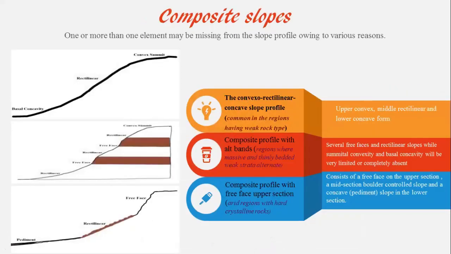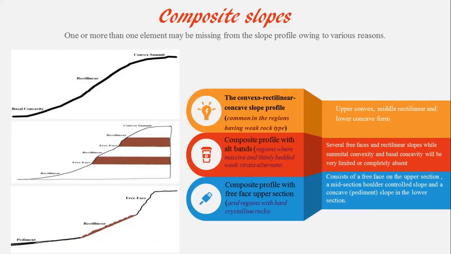Next, we have the composite slope profile. Now, as I spoke before this slide, according to King and Wood, there are 4 elements of slope. But it is not necessary that all of them will be present in every type of region or every type of climatic condition. One or more than one element may be missing from the slope profile because of various reasons.